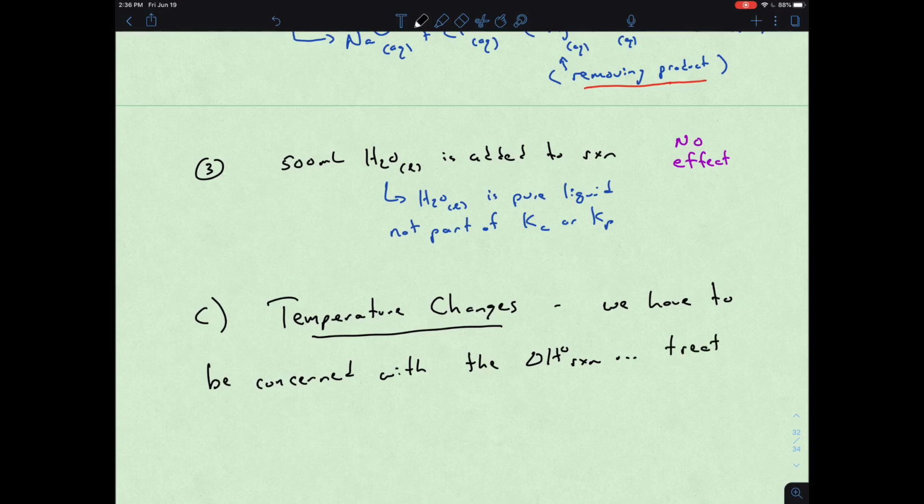And we want to treat delta H of the reaction as a starting material or product.